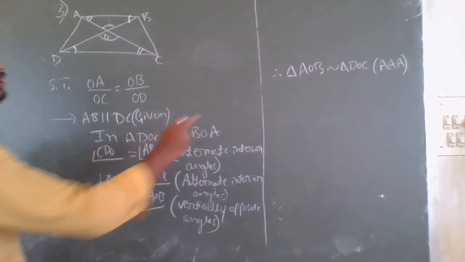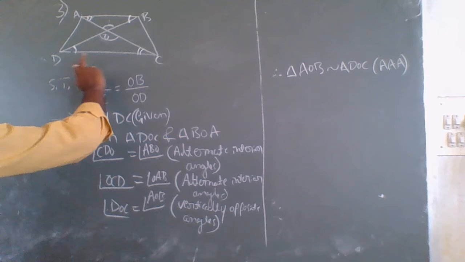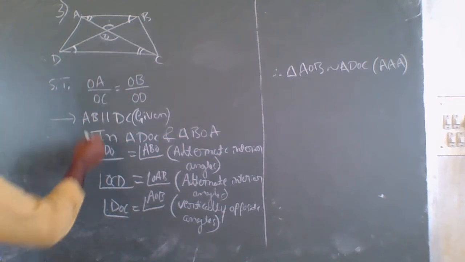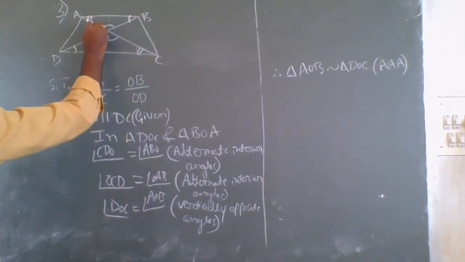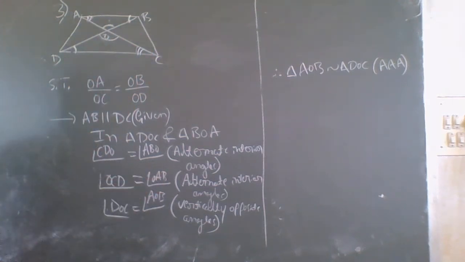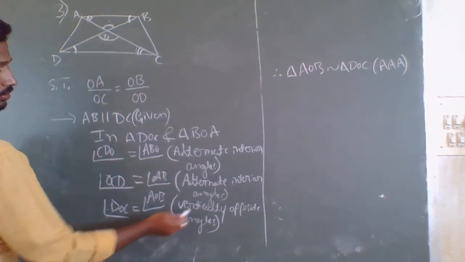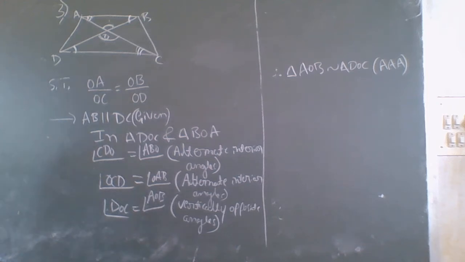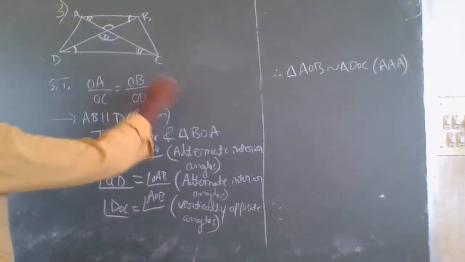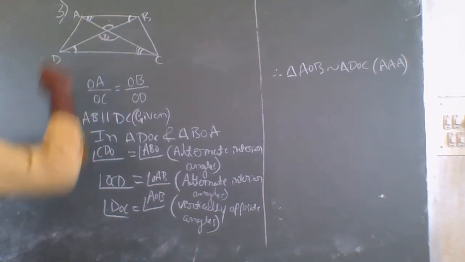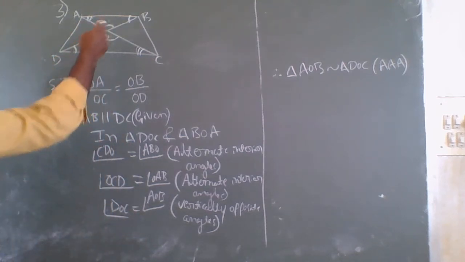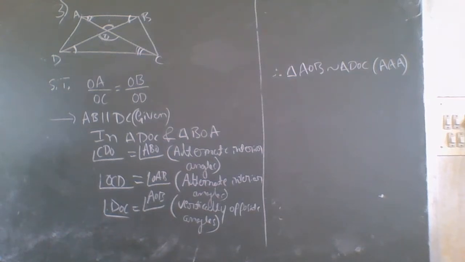Okay, so now triangle AOB is similar to DOC, and we proved that these three angles are equal. These two angles are equal because of alternate interior angles, and the remaining angles are equal because these two are vertically opposite angles. So now by AAA, these two triangles are similar, and we know that when two triangles are similar, corresponding sides are proportional.